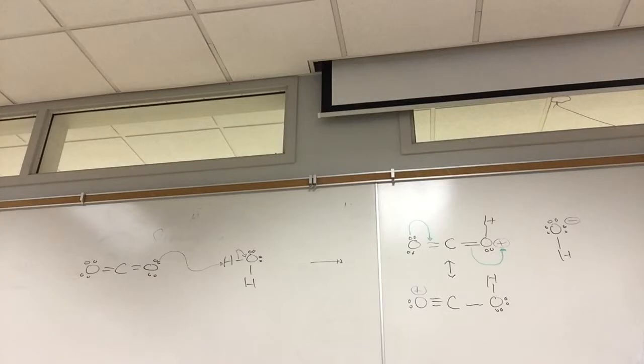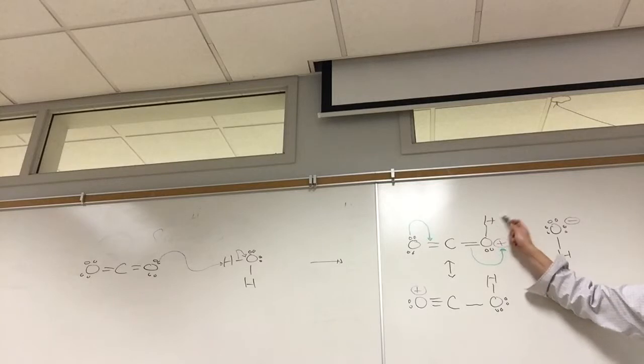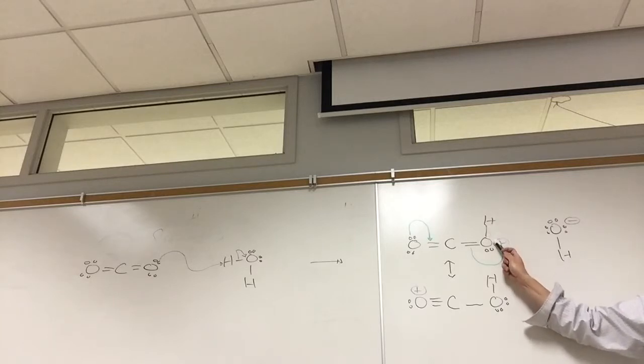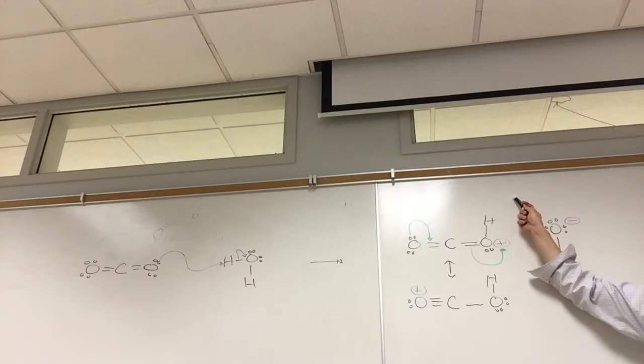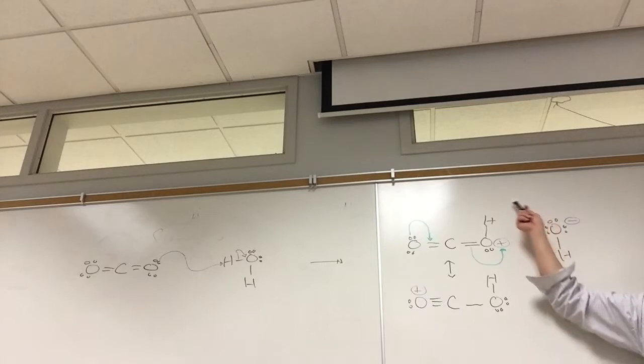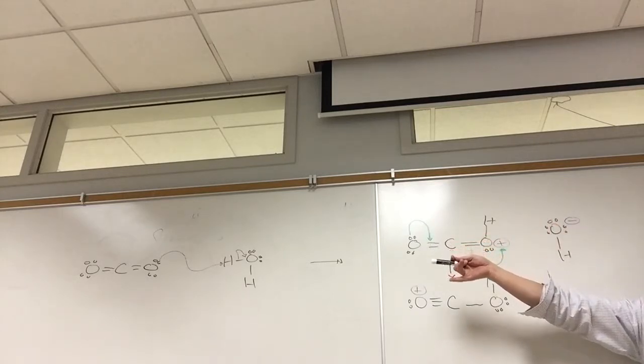And so is there something else we could do to help? Maybe what we can do is lose this hydrogen as a proton. So if these electrons get sucked into the oxygen and make a lone pair, then we'll end up with an H+. But if we end up with an H+ out here and we have a hydroxide here, H+ and hydroxide just make water and we're back to where we started.